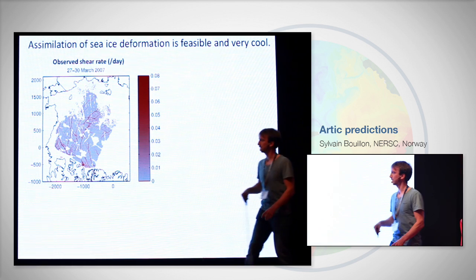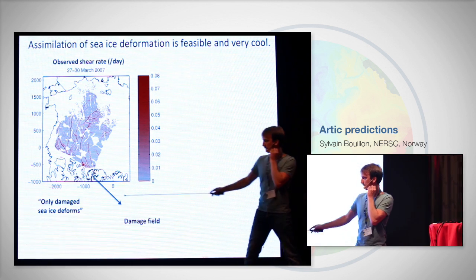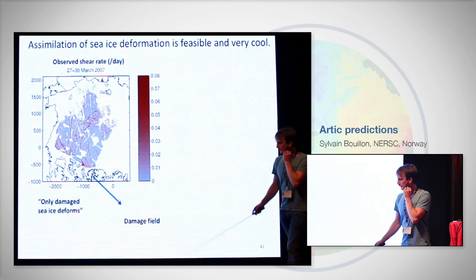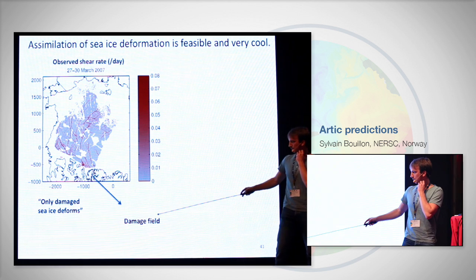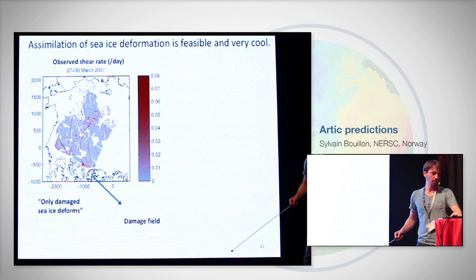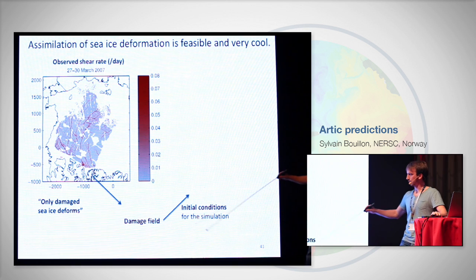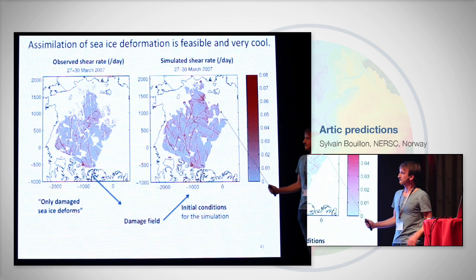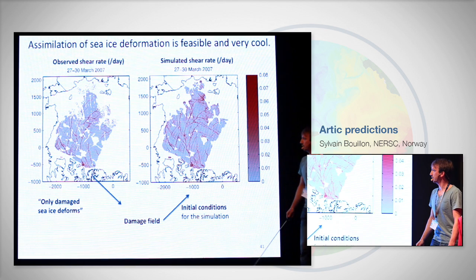So it's a deformation field from the RGPS system. And we know from the model that only damaged sea ice deforms. So using this information and the correlation we found with the model, we built a damage field that is consistent with the data. And then we feed the model with initial conditions based on this damage field. And we run the model for the same period, so for this period in March.